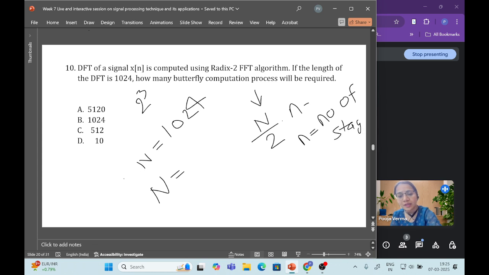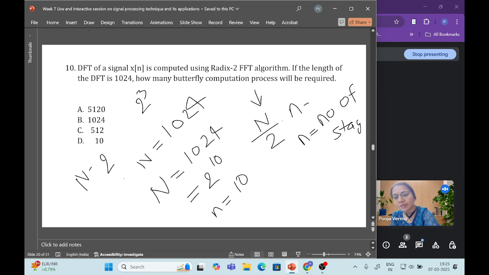So how will we get it? 1024, how many times? 2 to the power 10, right? So here n is equal to 10. I am writing 2 to the power n, so this n is the number of stages. Just putting this in, you will get 1024 divided by 2 into 10.